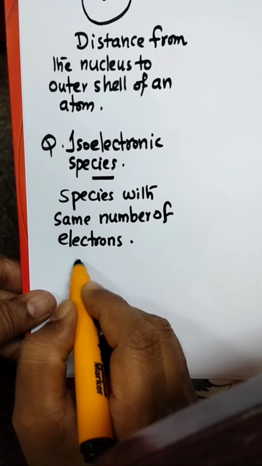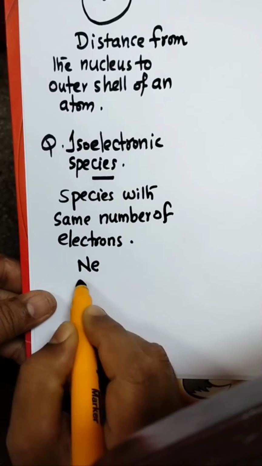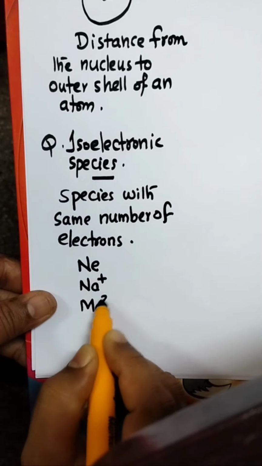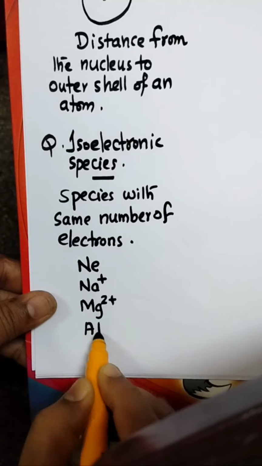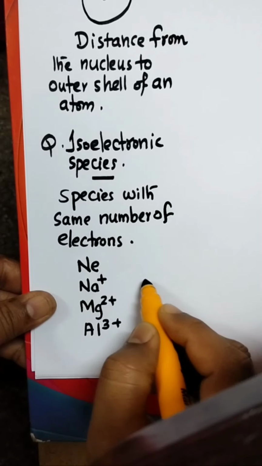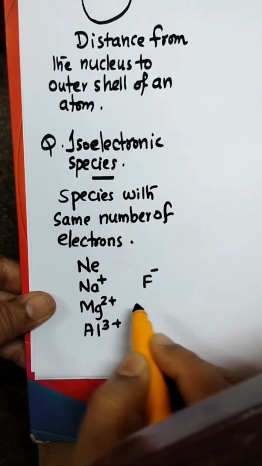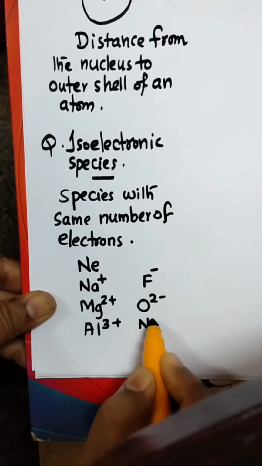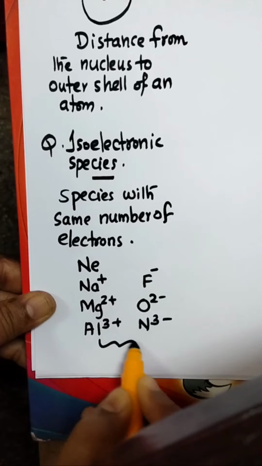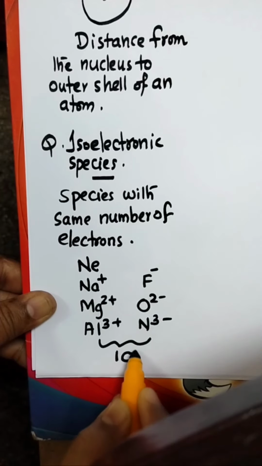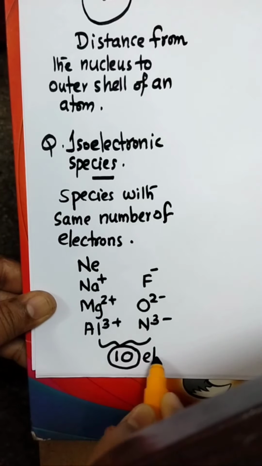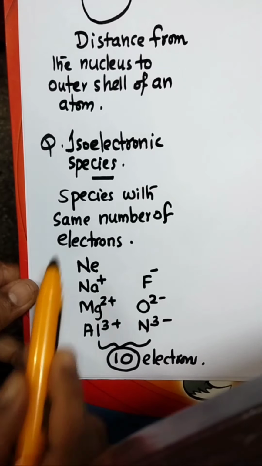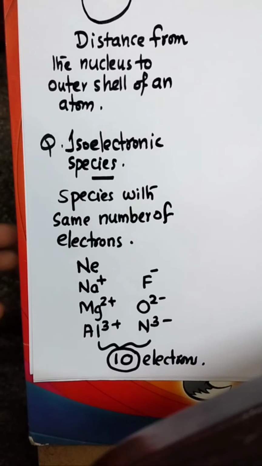Example, neon, Na+, Mg2+, Al3+, F-, O2-, N3-. All these species contain 10 electrons. So they are examples for isoelectronic species. Okay.